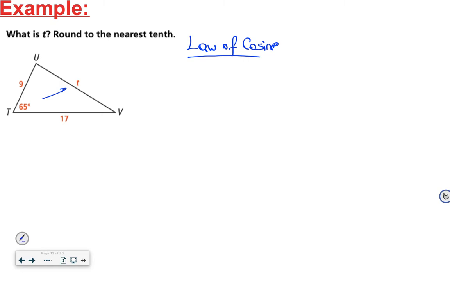The square of the side opposite of angle 65 is t squared, which will be equal to the sum of the squares of the two other sides, 9 squared plus 17 squared, minus 2 times 9 times 17 times cosine 65.